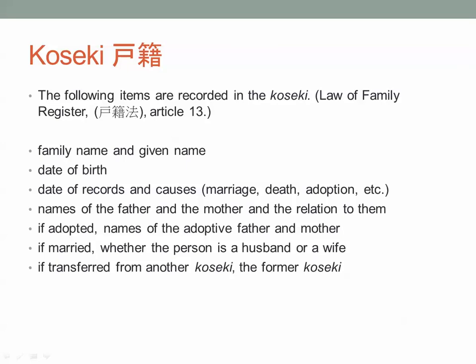So normally in English, when we hear the word adoption, we think about children. But adoption in this context also includes adults. So to adopt here in the Japanese context is simply to move from one family registry to a second family registry. Your age is kind of irrelevant.